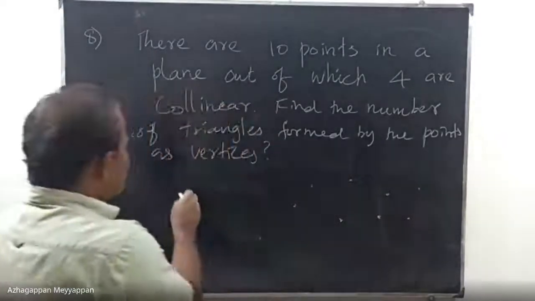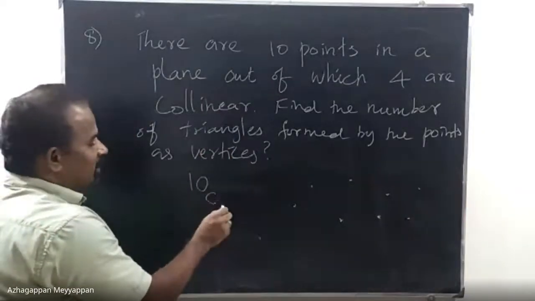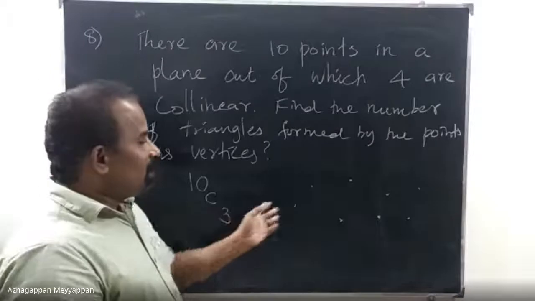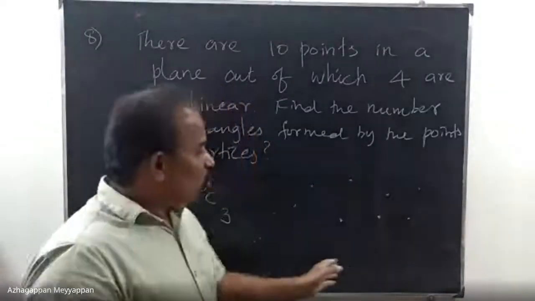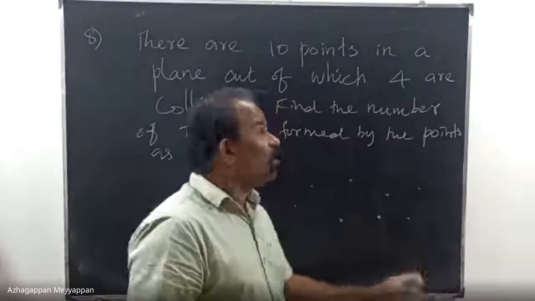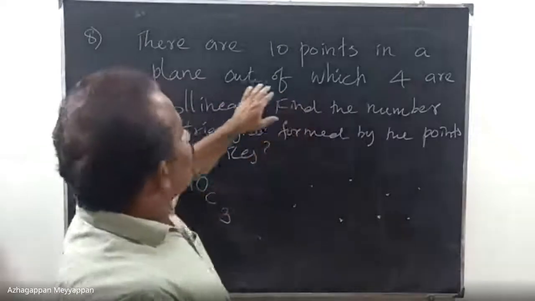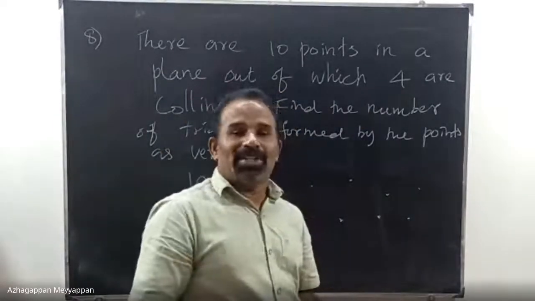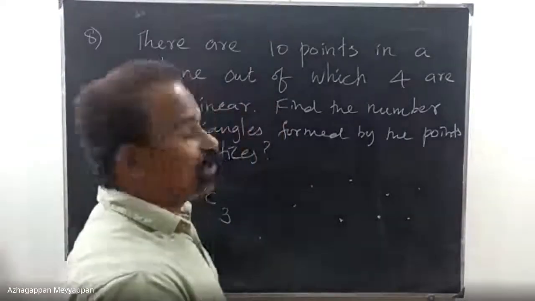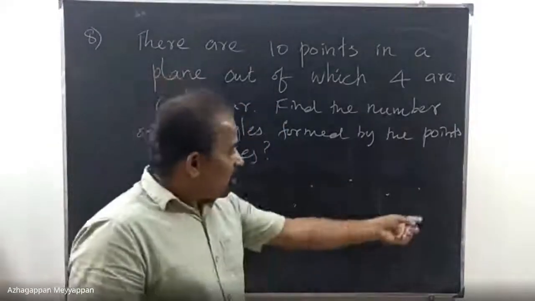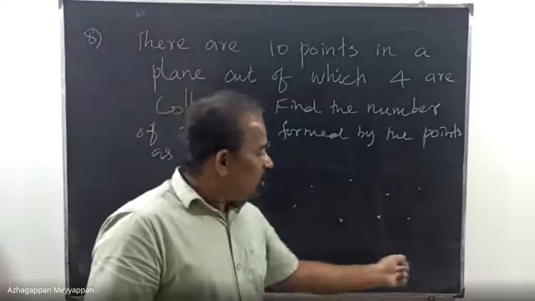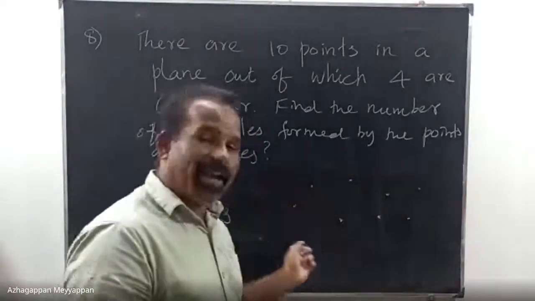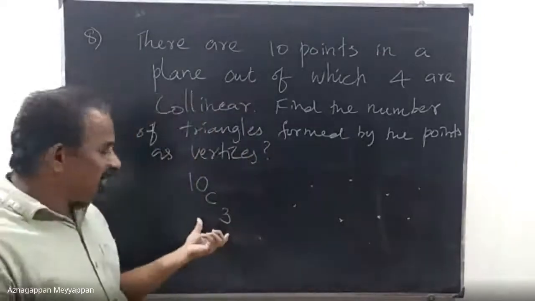Therefore, 10C3 triangles. No points are collinear, in the sense that no points lie in a straight line. Suppose all the points are distinct. So the answer is 10C3.